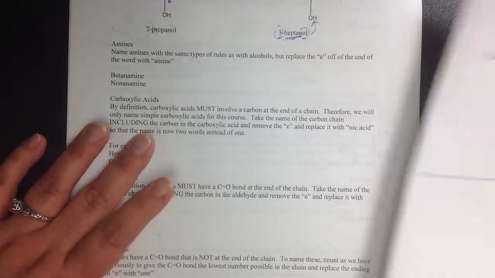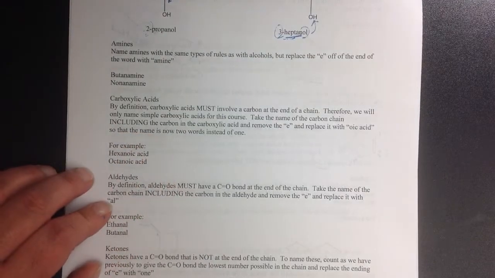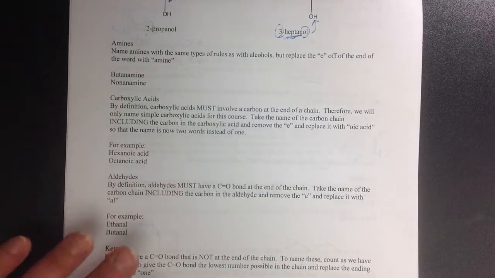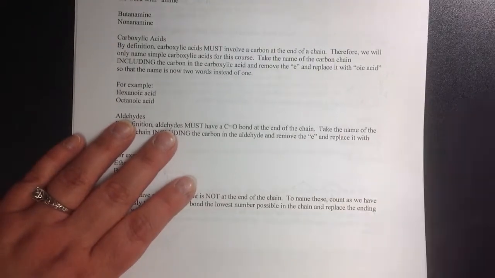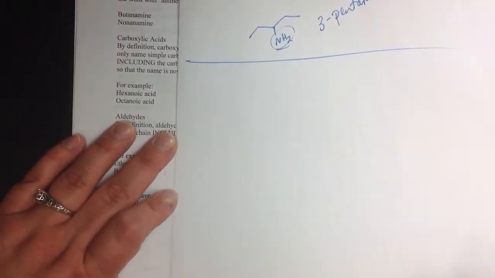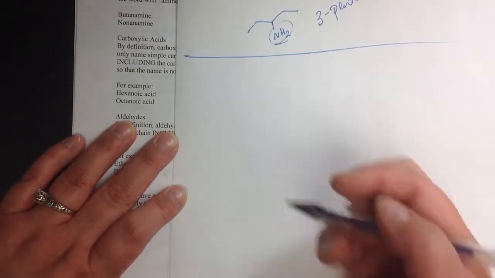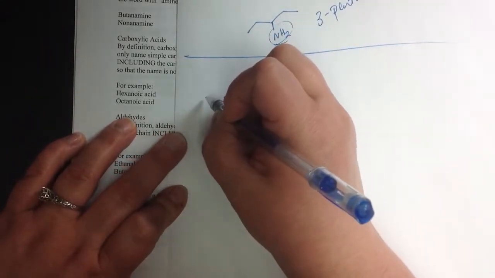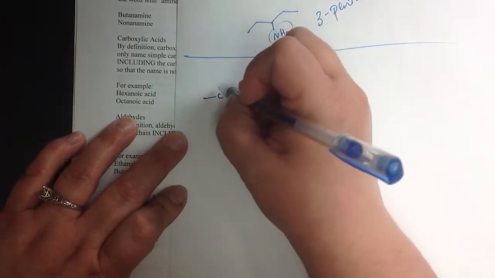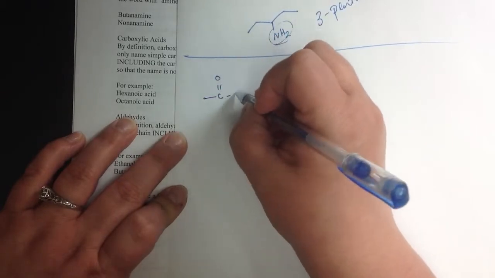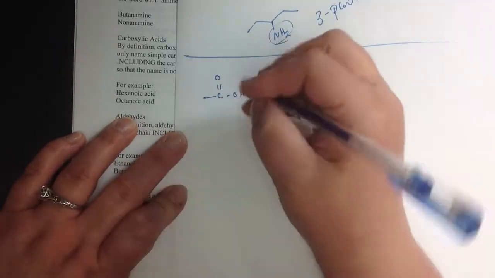Next, carboxylic acids. Carboxylic acids can be confusing sometimes, simply because there's different ways to write it. Carboxylic acid is something that ends in COOH.